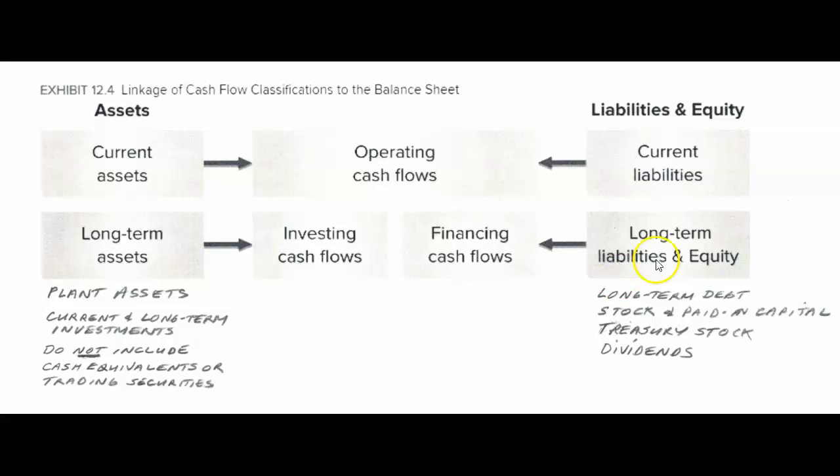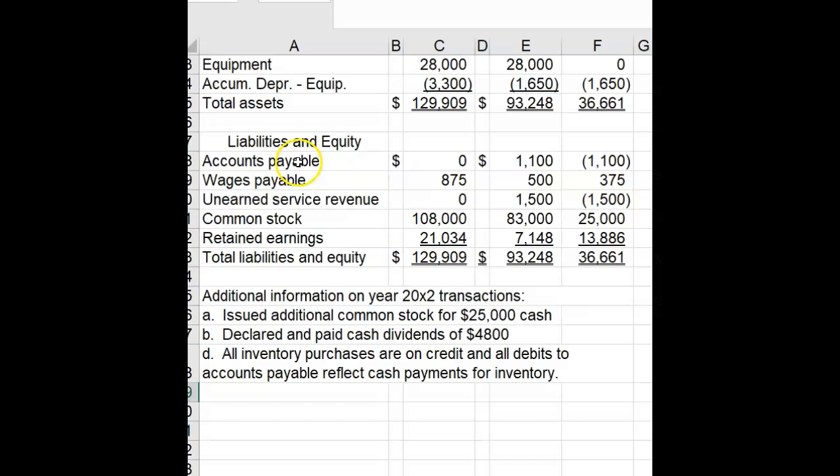As shown in our handy summary, we need to look for long-term liability accounts and equity accounts that changed as the result of receipt or payment of cash. Accounts payable, wages payable, unearned service revenue are all current liabilities, so there are no long-term liabilities.